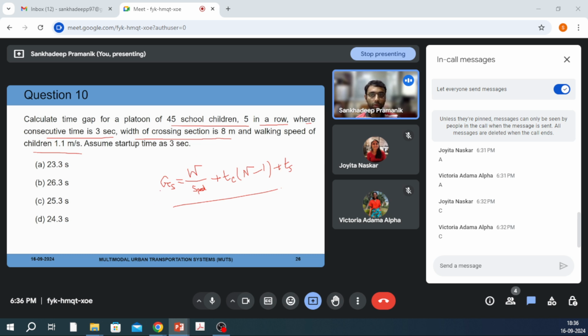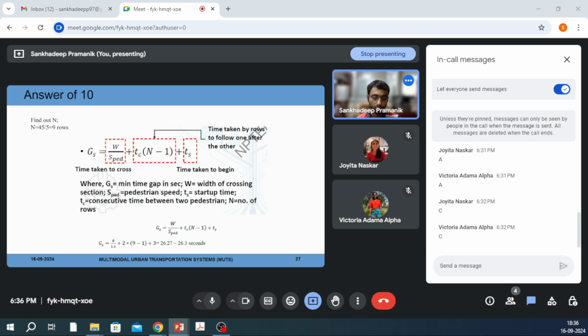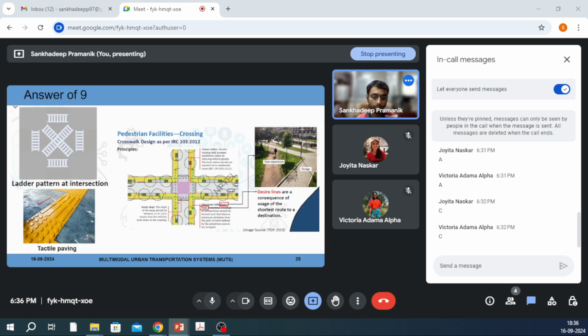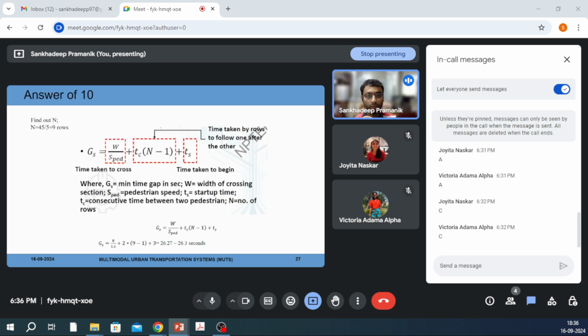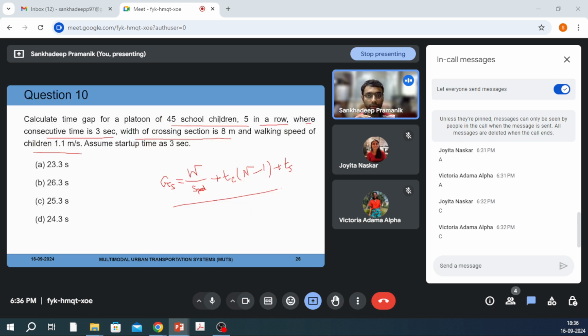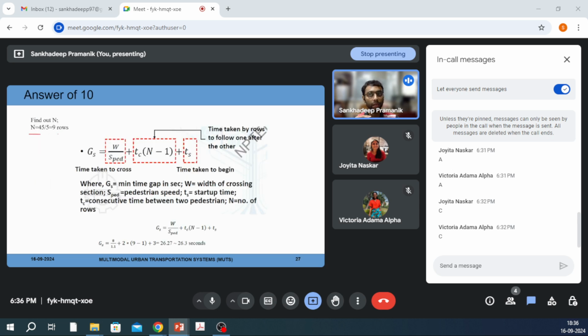Here, this n is the number of rows. First we will calculate that 45 school children are moving 5 in a row, so there are total 9 rows.